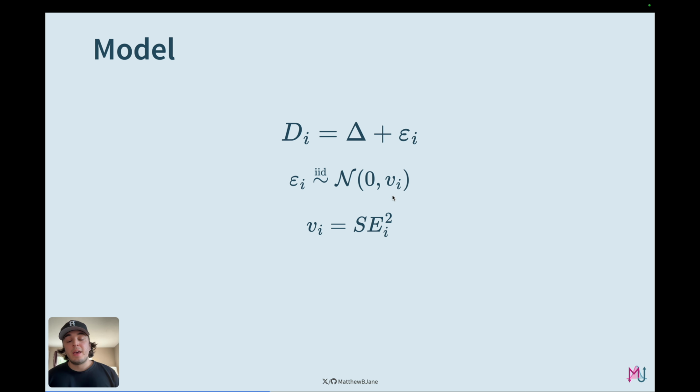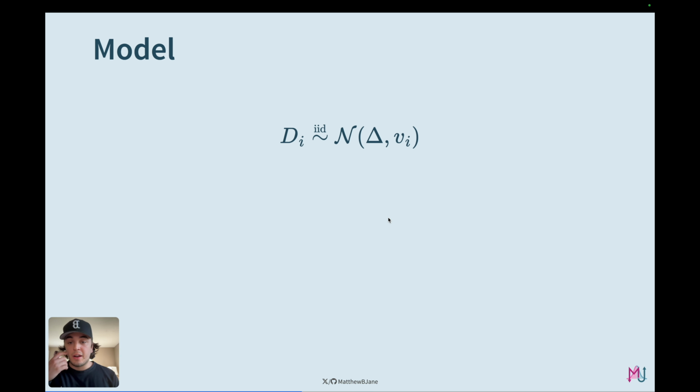So what we are going to assume here is that the sampling errors are independently and identically distributed as a normal distribution with a mean of 0 and a variance equal to our sampling variance. Our sampling variance is going to be our standard error of the effect size squared.